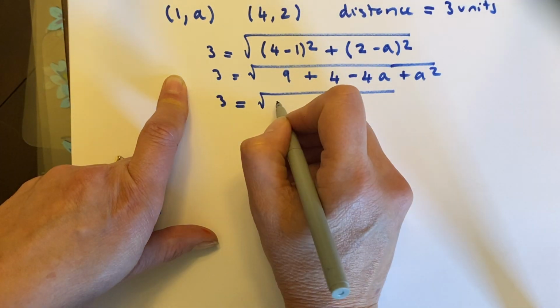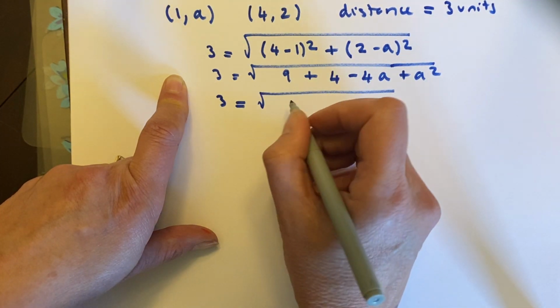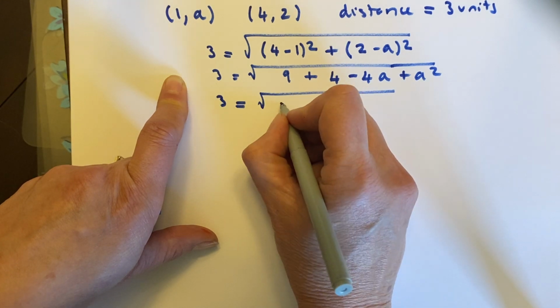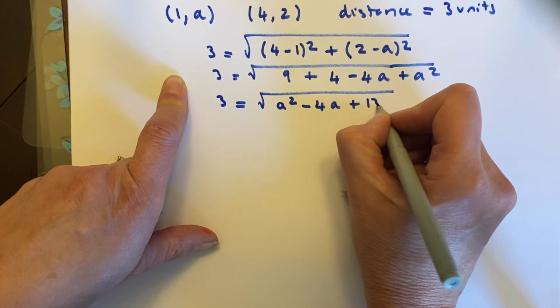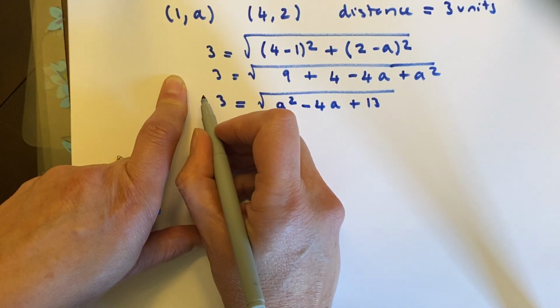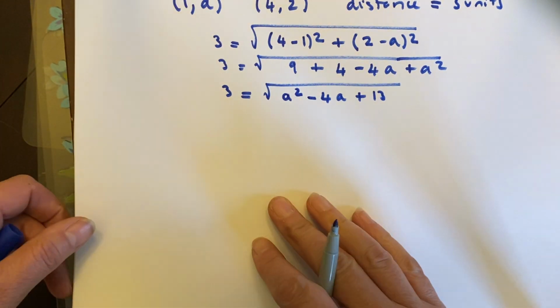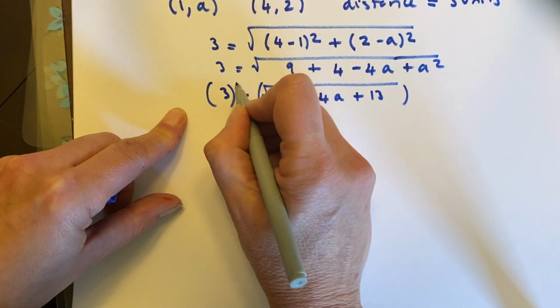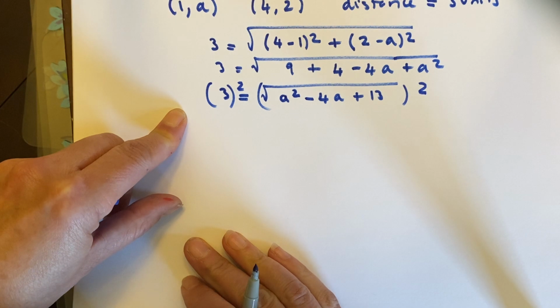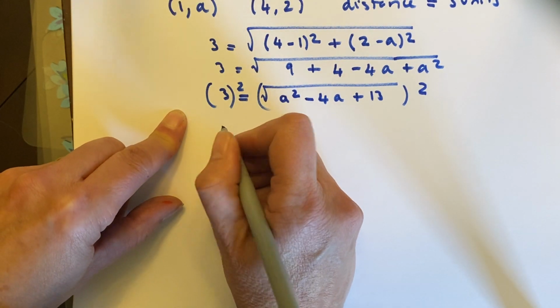I'm going to move things to proper order in descending degree, a squared minus 4a plus 13. I'm going to square both sides as I did before, so that I can get rid of my square root.